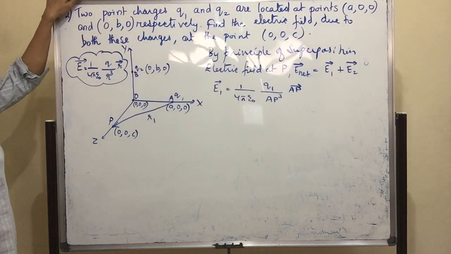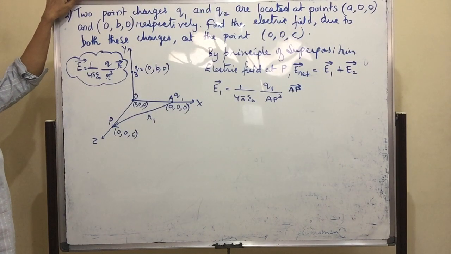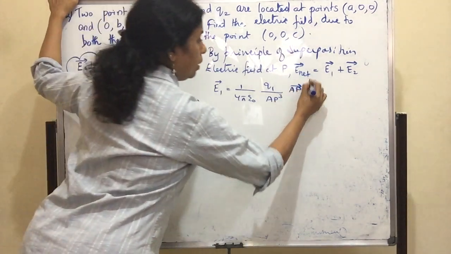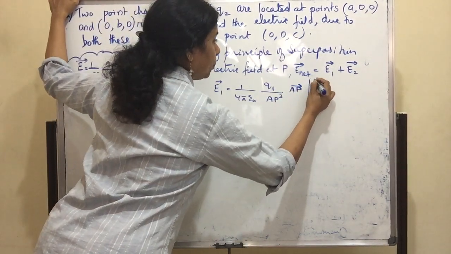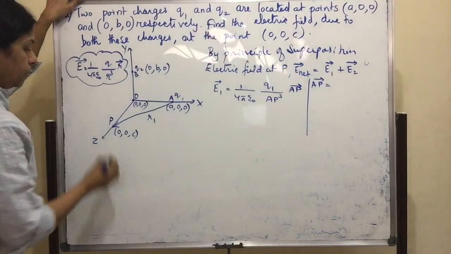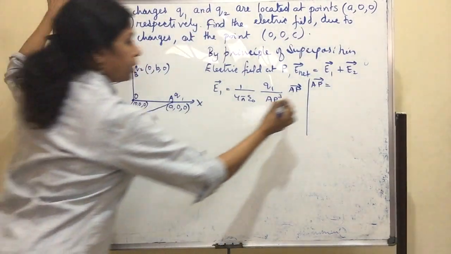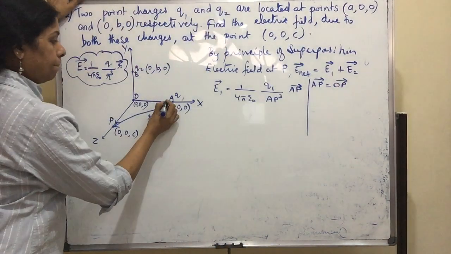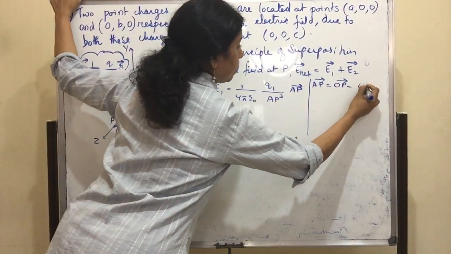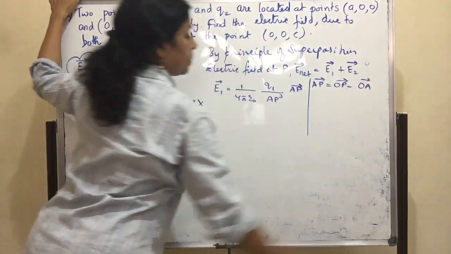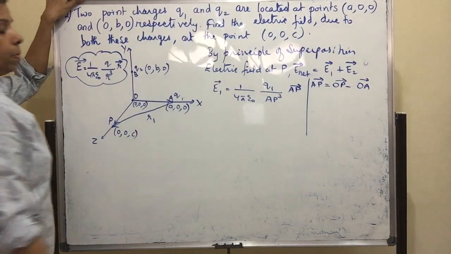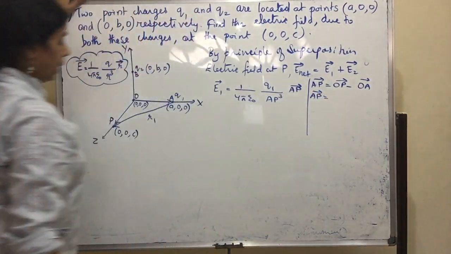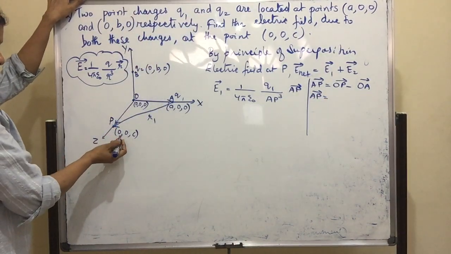Now, what is this AP? AP vector is equal to OP vector minus OA vector. What is OP here?